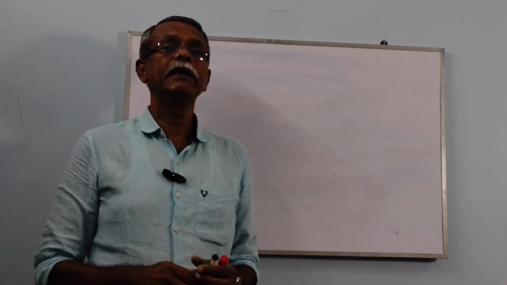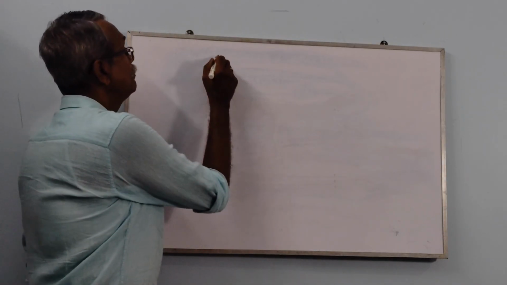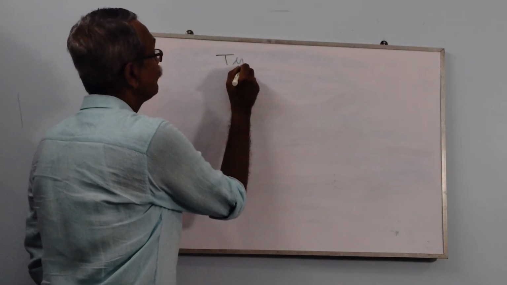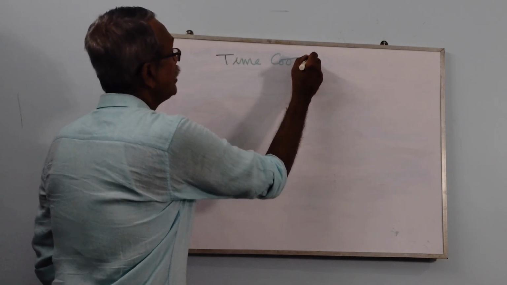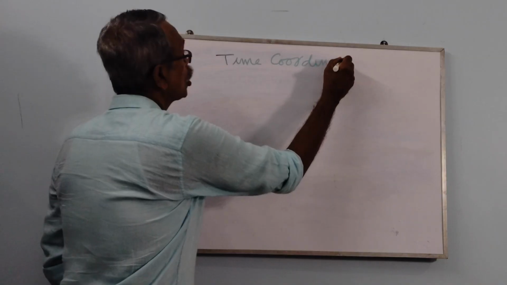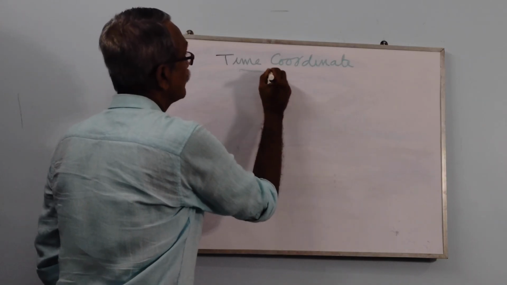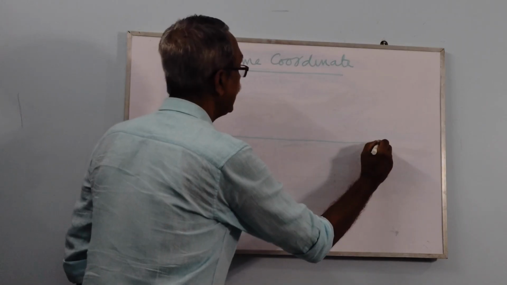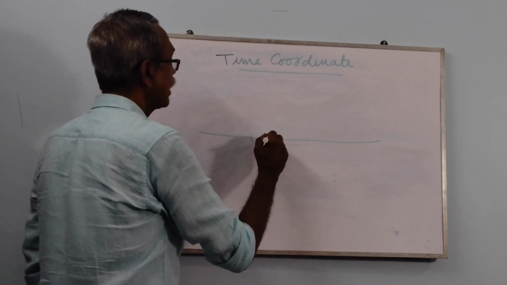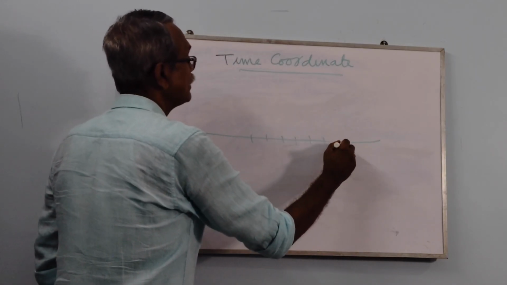So we define a time coordinate system. Time coordinate means it is a clock, and you mark the time along a line and another number line like this.